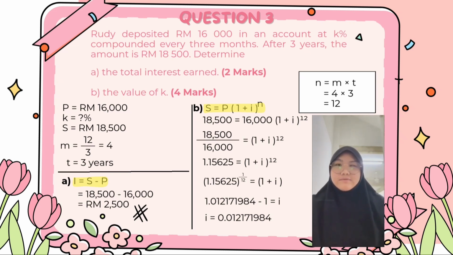After that, we use the formula that I mentioned earlier. So 18,500 ringgit equals 16,000 bracket 1 plus I bracket power 12. So 16,000 we move to the left, so it becomes 18,500 per 16,000. After we multiply it, we get 1.15625.